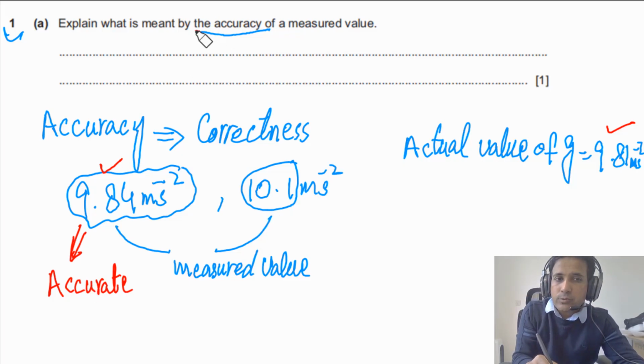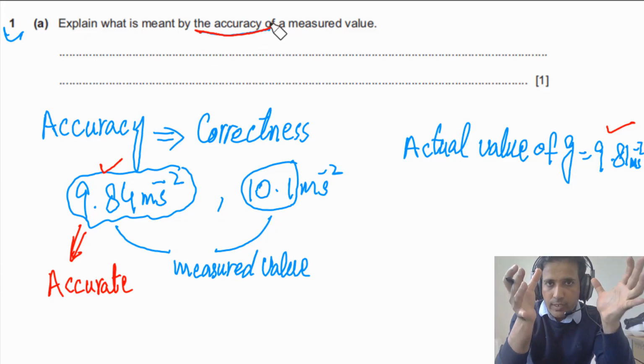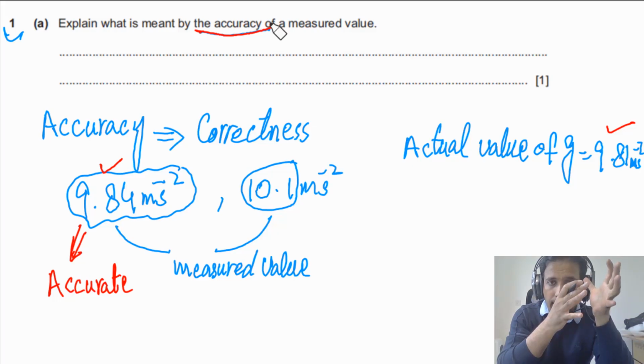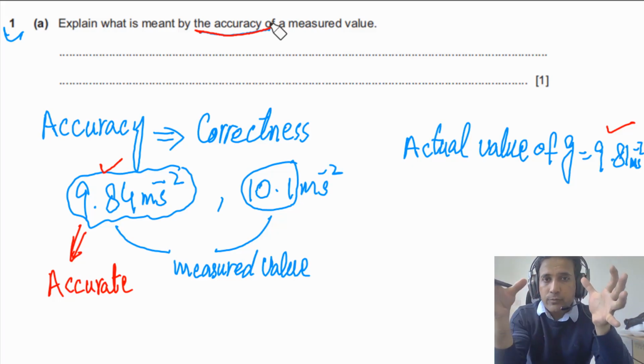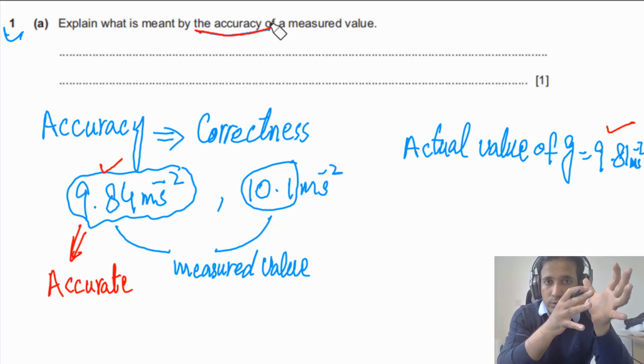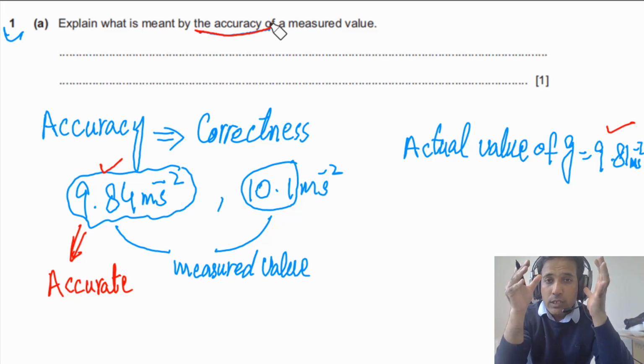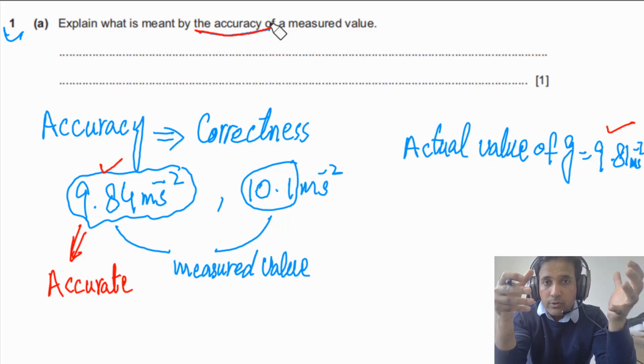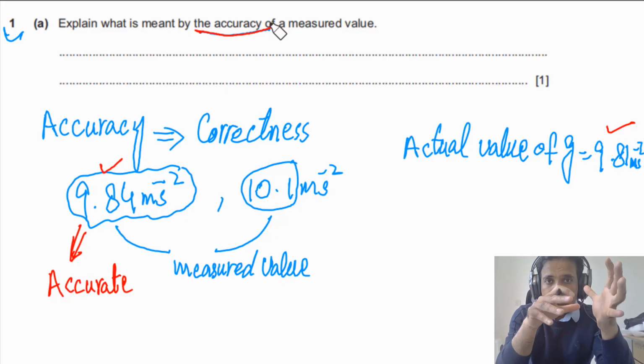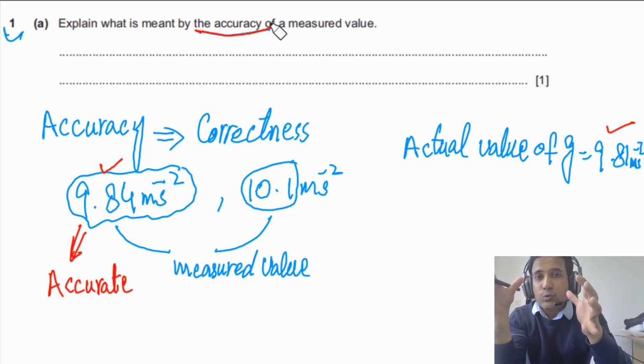The question is asking you to define what accuracy is. Accurate means how close the measured value is to the actual value. So accuracy is the measure of how close the measured value is to the actual value.